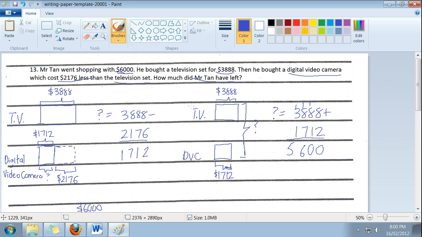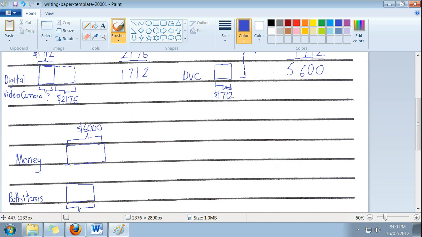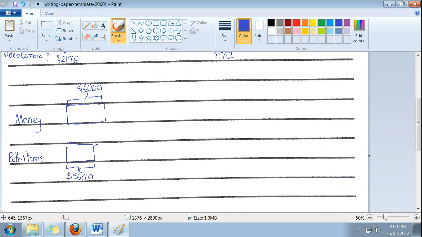And we got this from adding the TV and the DVC, the digital video camera, the prices. If we want to find out how much he has left, we need to find this bar. Okay, so let's put here left, as in how much money left. To find that, all we need to do is subtract 5,600 from 6,000. So that's why we subtract.